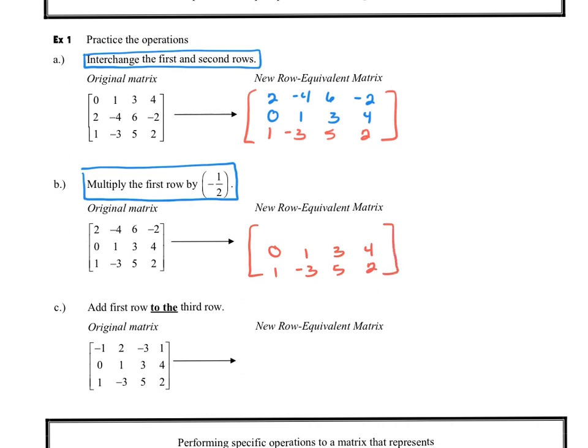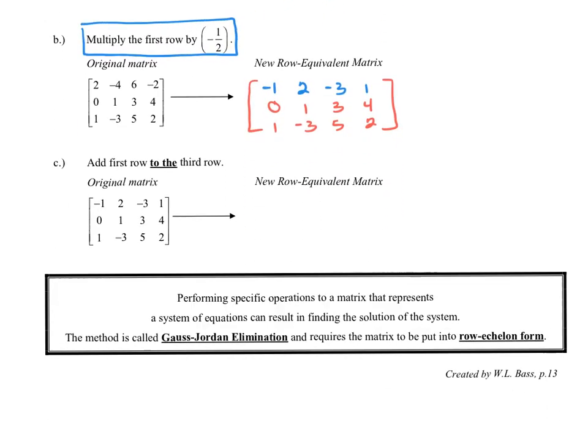So the only thing that's going to change is that top row. Taking that top row times a -1/2 gives me a -1. A -4 times a -1/2 is a +2. A 6 times a -1/2 is a -3. And a -2 times the -1/2 is a 1. Okay, so that's that one.